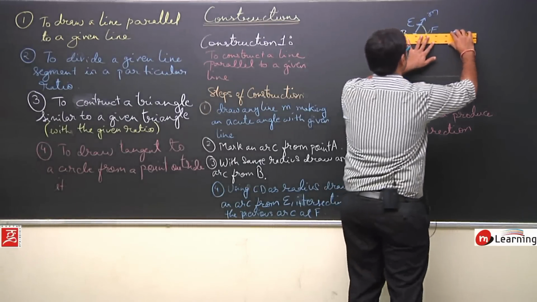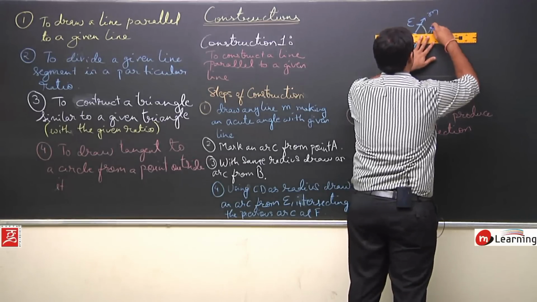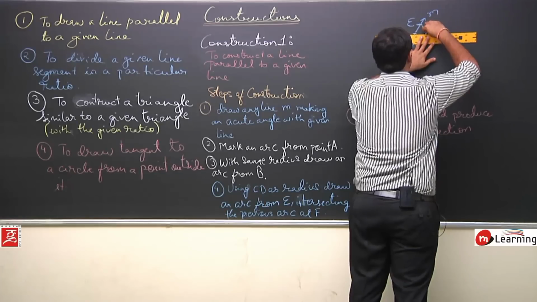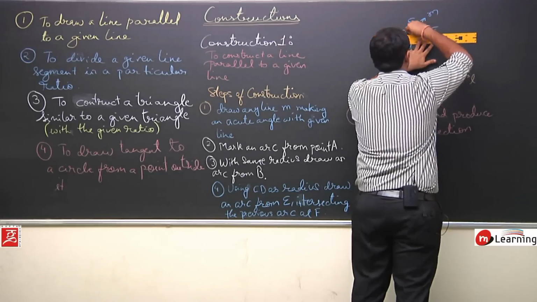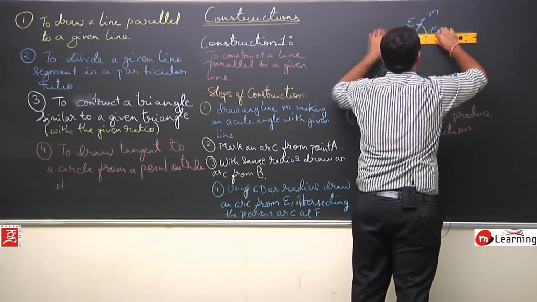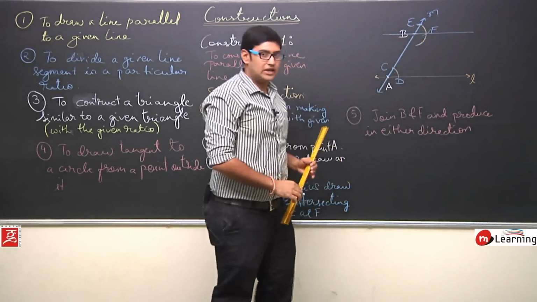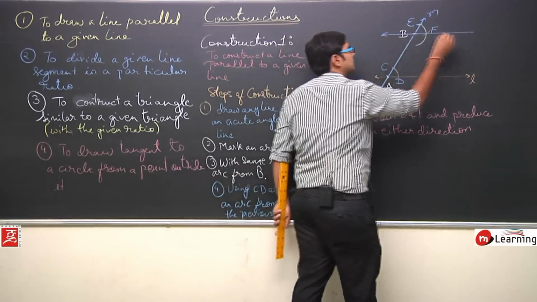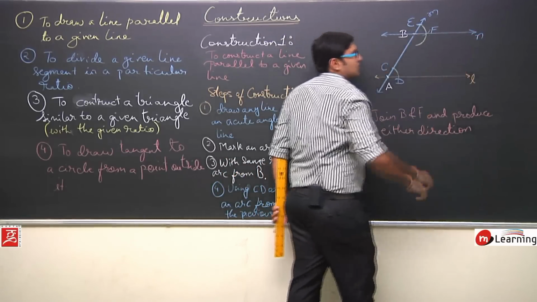So I will join this B point and F point, and this will give you this line. Okay, and I am naming this line, let us say, line N.